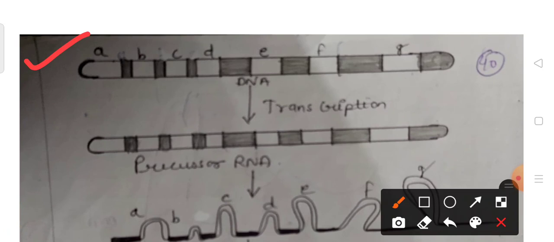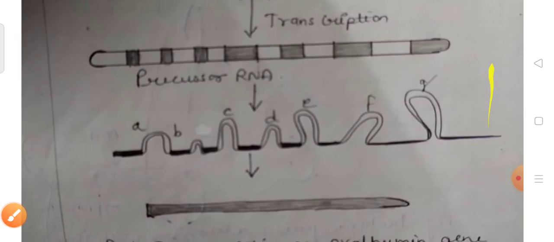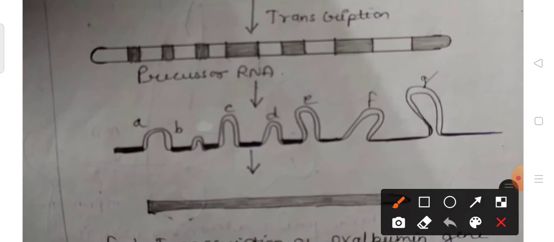So there are 7 introns. The whole ovalbumin gene gets transcribed to form a precursor RNA, and then the precursor mRNA is modified. You can see here post-transcriptional modification is taking place.